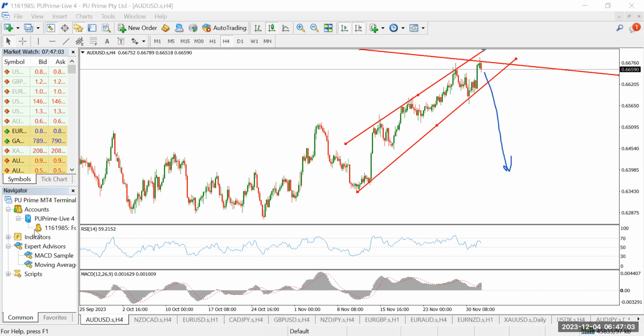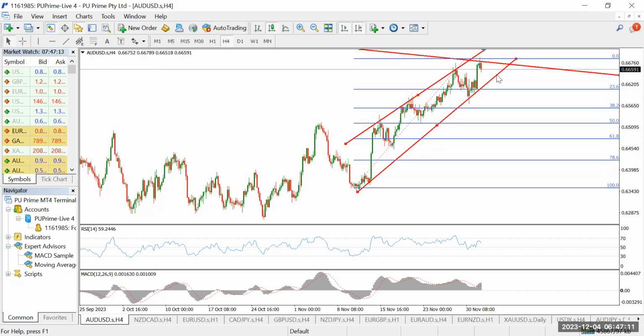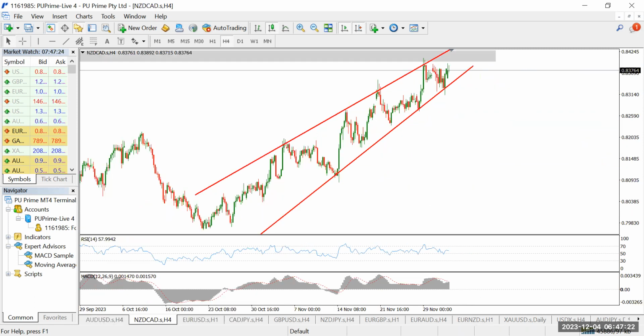So I'm bearish biased on AUD USD, and I can use my Fibonacci to look at the projected profit level on this. So I'll be looking at price hitting Fibonacci 38, 50, 61.8, or possibly Fibonacci 78.6. So my bias is bearish for AUD USD.